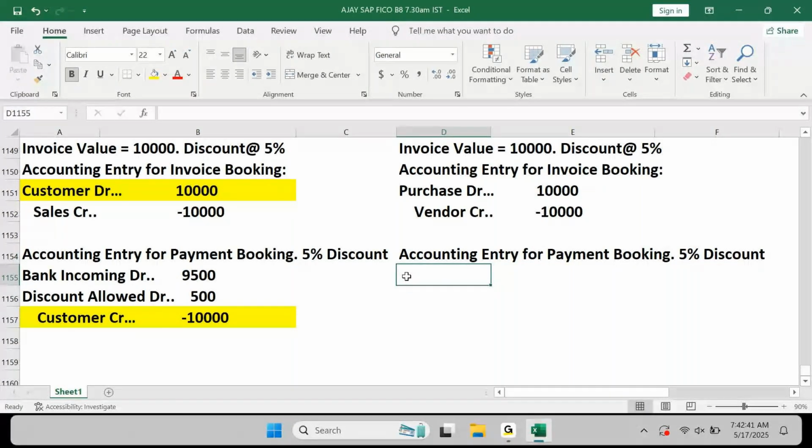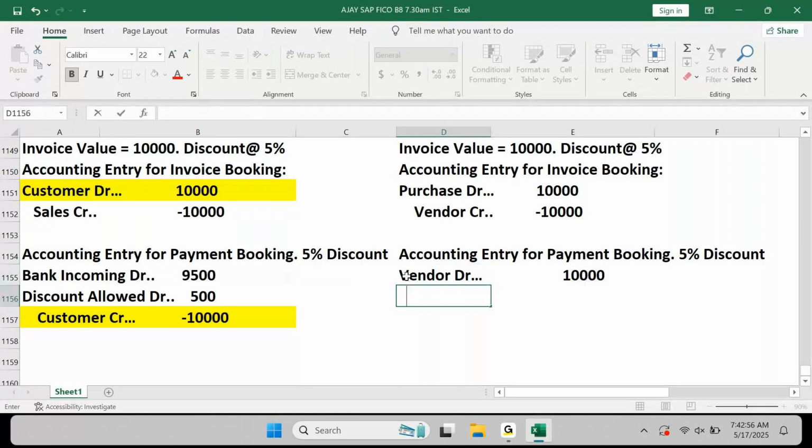Similarly, when you look at the vendor, what entry will come? Vendor debit 10,000. Bank outgoing credit 9,500.